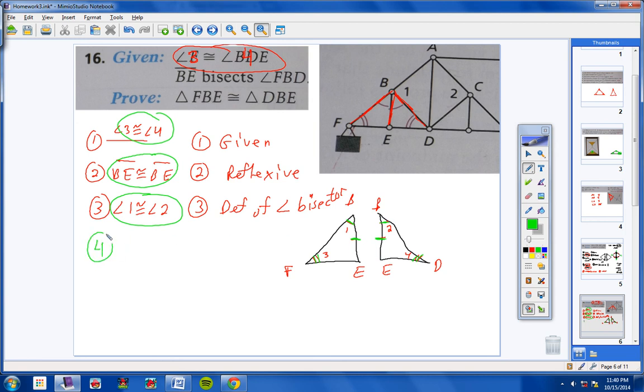So I'm definitely ready to state that triangle FBE is congruent to triangle DBE. And the reason, of course, is angle side. Okay? Alright, let's go ahead and continue on.